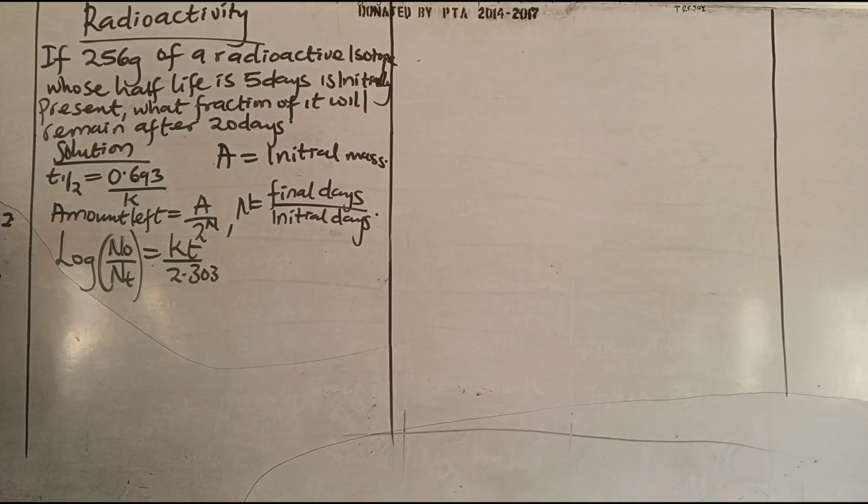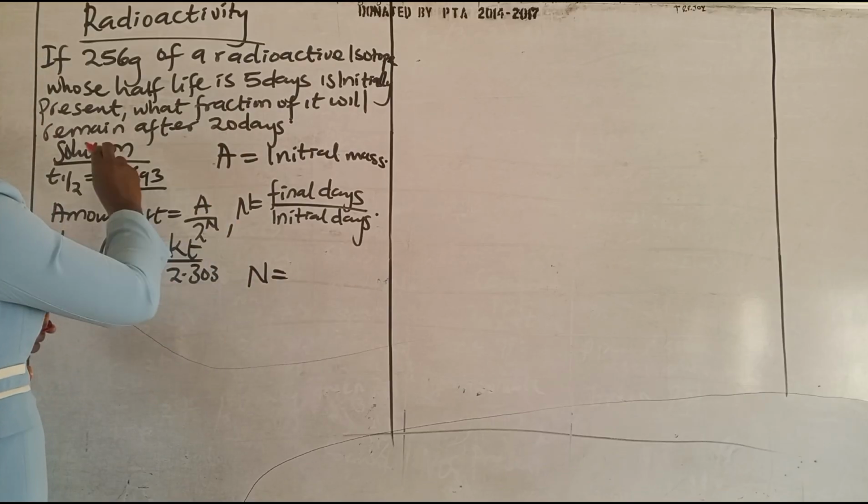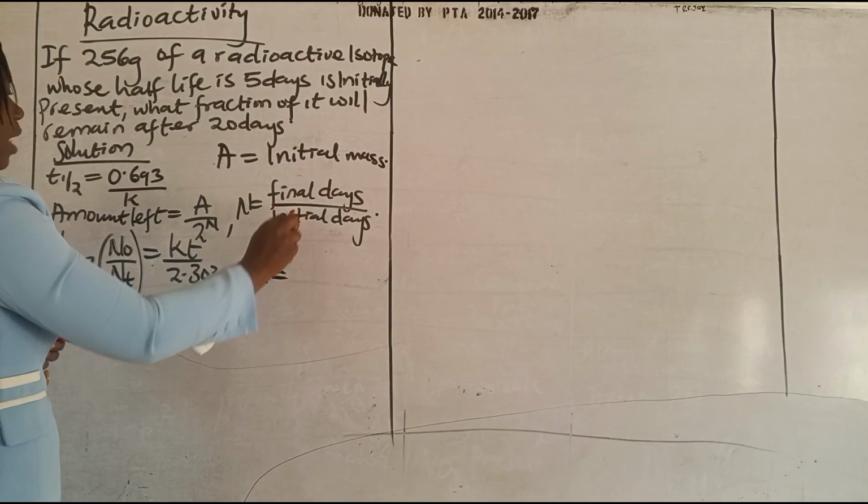So now let's get to work. I'll be using the first formula. Amount left equals A over 2 raised to the power of n. I'll look for my n first. n is final days over initial days.